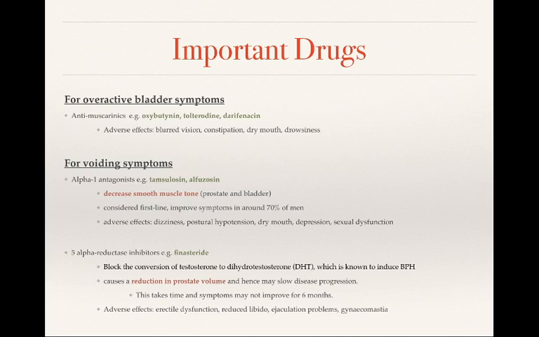We give them 5-alpha reductase inhibitors, such as finasteride, in order to block the conversion of testosterone to dihydrotestosterone. And this is important because this conversion is known to induce BPH. So by blocking the conversion, we hope that the progression of the disease is slowed down, and also it helps to reduce prostate volume.